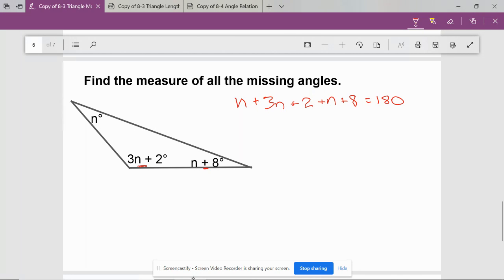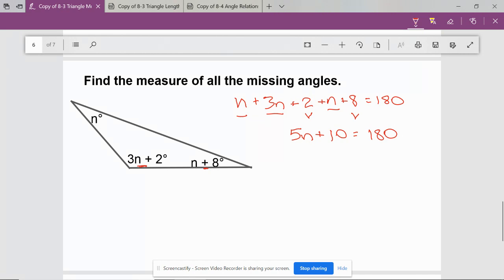If we take 3n plus n plus n, that's 3 plus 1 plus 1, which is 5n. So that's how many n's we have, 5. And again, we're adding. So let's put our whole numbers together. There's a 2 and there's an 8. So 2 plus 8 equals 10. And that's going to be equal to 180.